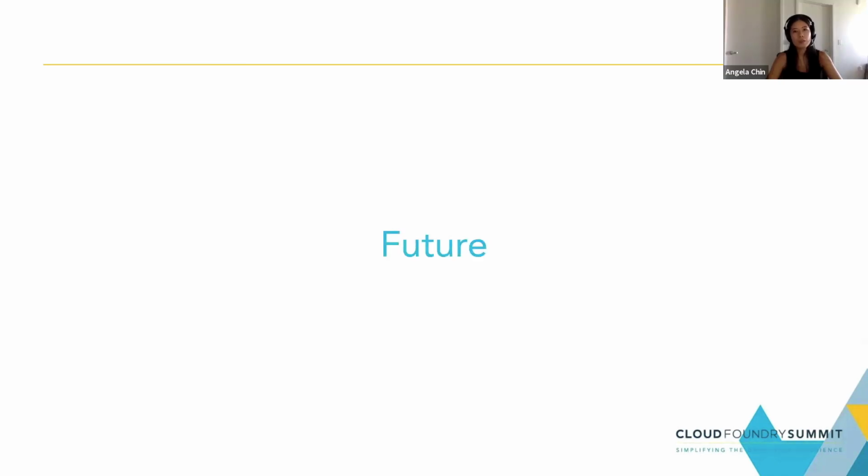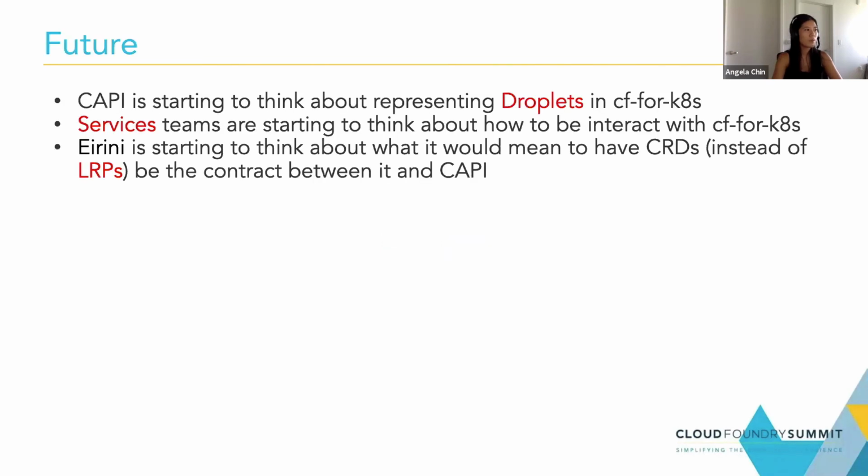In addition to what we currently have available as custom resources, there's also a lot of work going on right now to provide a variety of additional CF resources as CRDs in the near future. Some of these include work that CAPI is doing to represent droplets as custom resources in Cloud Foundry.